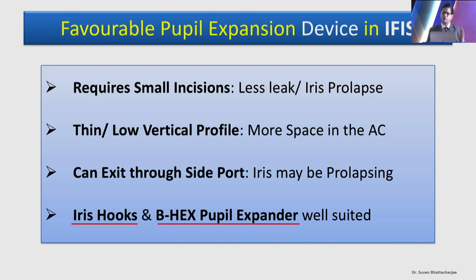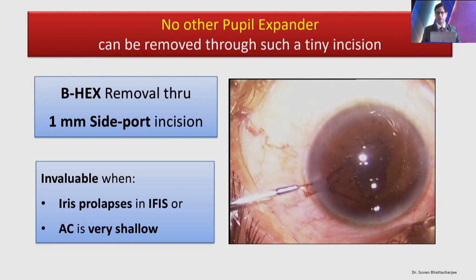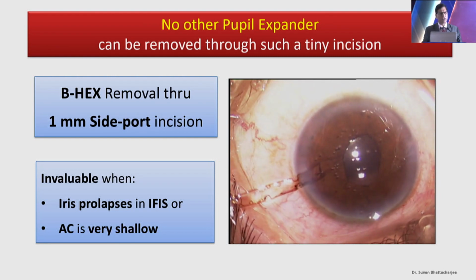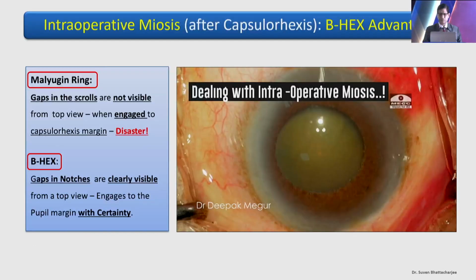So for IFIS, I would say any device which is thin and can go in and out of small incisions, whether it's iris hooks or pupil expanders, it's your choice. The BHEX can be taken out through a 1 millimeter side port, and that's a big blessing when you're dealing with the iris prolapsing through all incisions, the main incision and side port.